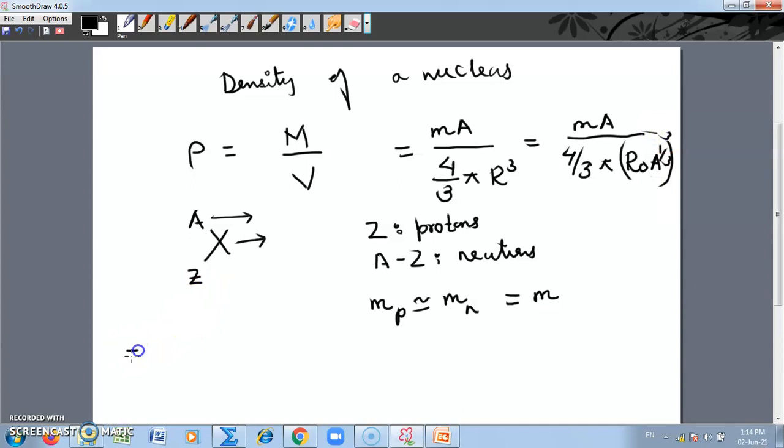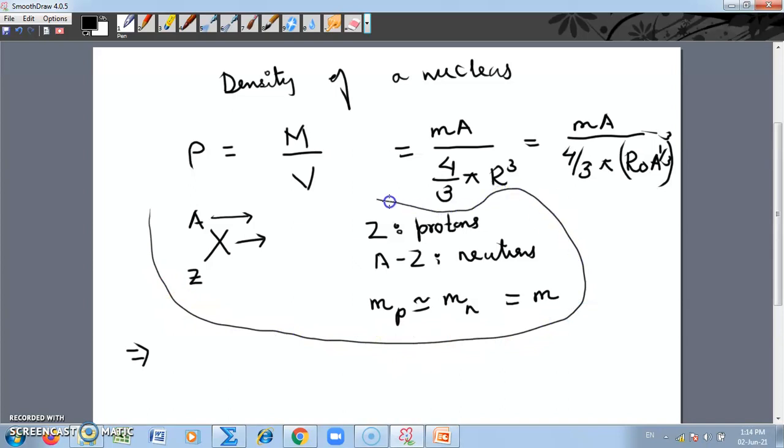Let's keep this portion separate, which gives us rho is equal to m into A divided by 4 by 3 pi R naught cubed A.